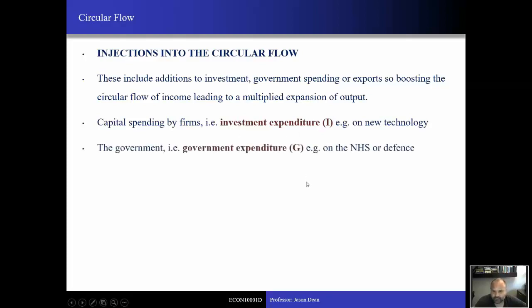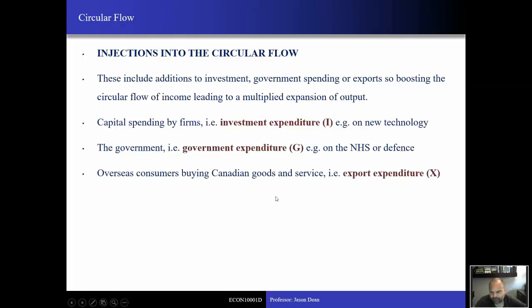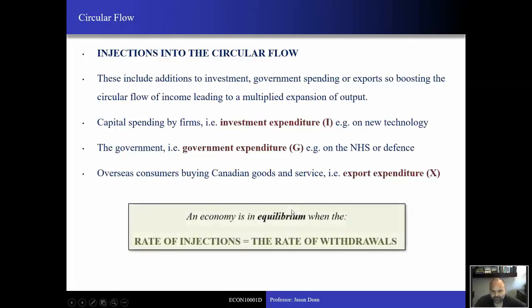The government, although they collect taxes as a leakage, can also spend money. So government expenditures are an injection into the circular flow. And if we think of the foreign sector, the corresponding injection would be when people in other countries buy from us. That's a flow of income into the country. So exports we consider an injection.